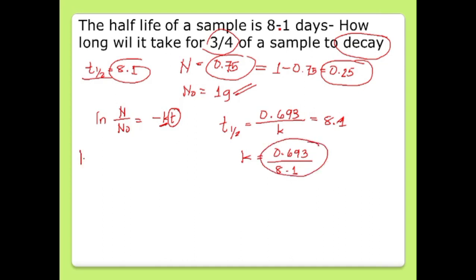So, that would be, plugging in our value, ln, the initial amount is 1 gram all over our remaining amount is 0.25 is equal to our k now is 0.693 all over 8.1, negative, times t.